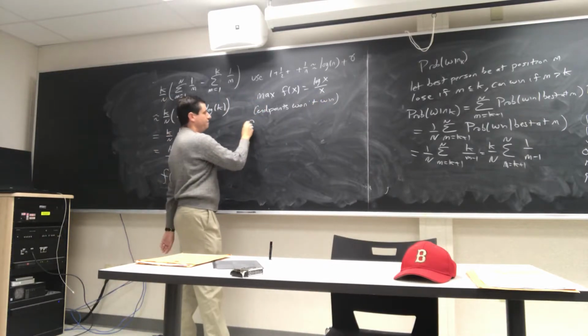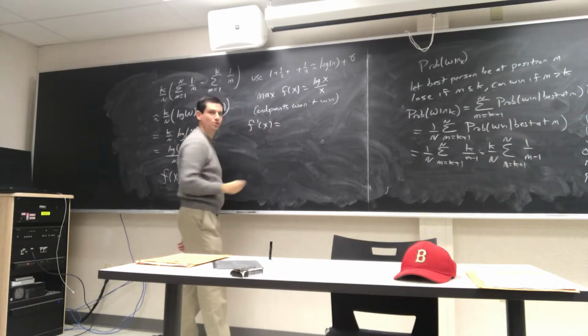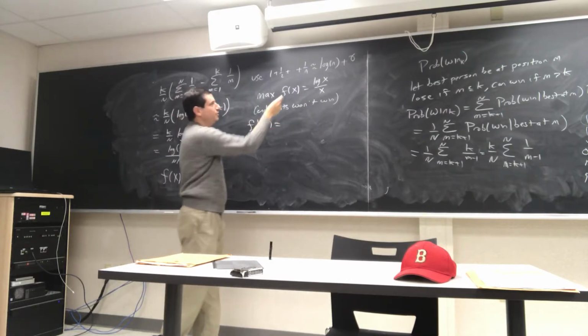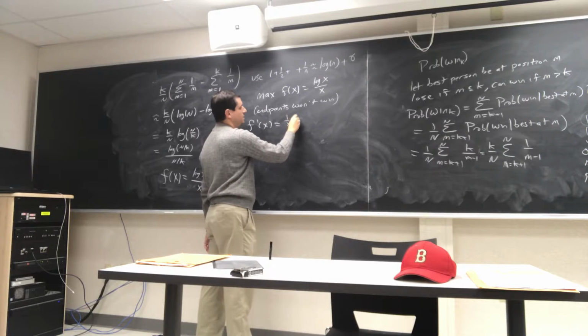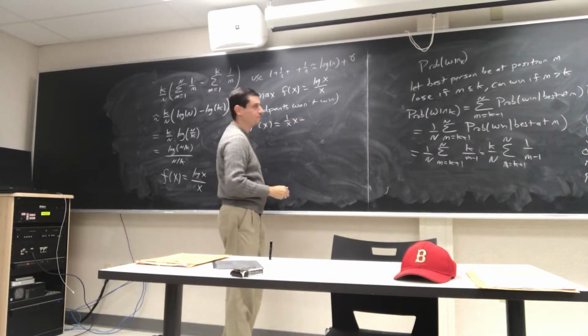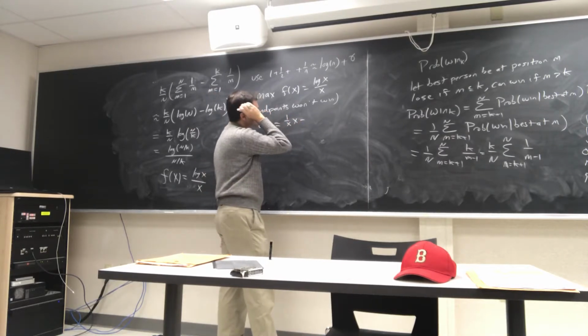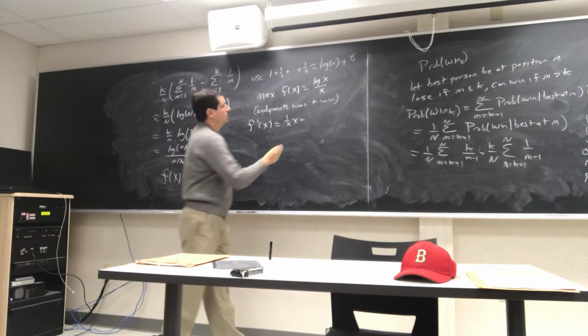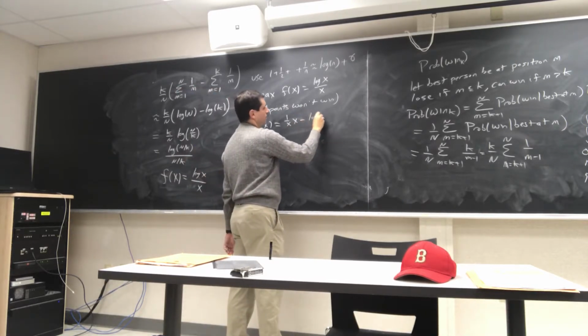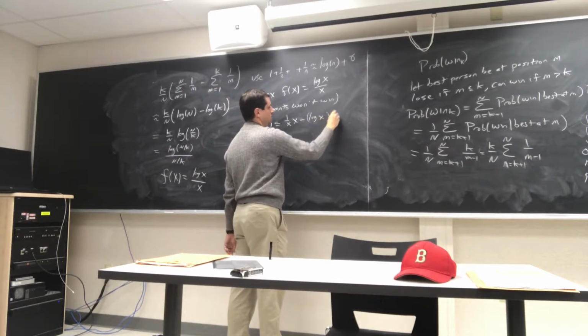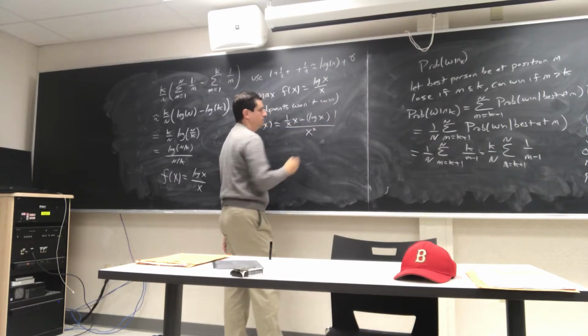So we get f prime of x, we get to use the quotient rule, right? So the derivative of log of x is 1 over x times x minus, then I've got log of x times 1 over x squared.